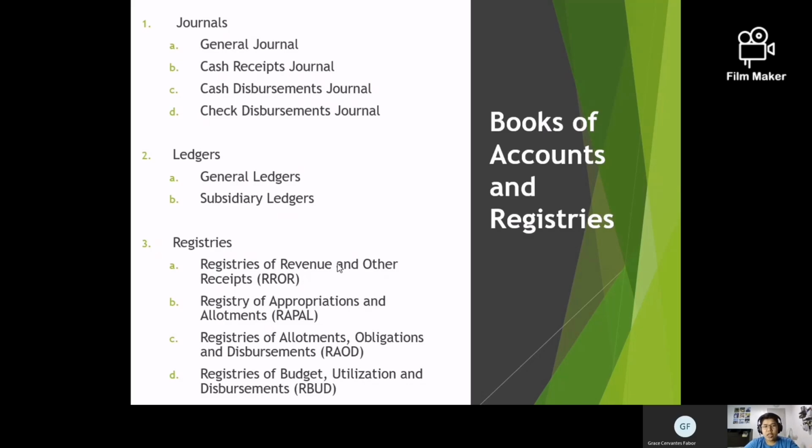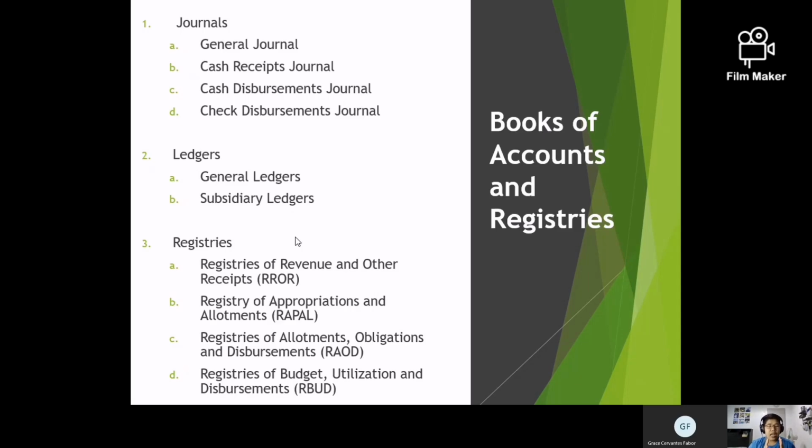Technically, only the journals and ledgers are considered accounting records. Right? The one that maintains the journals and ledgers is the accounting unit, while the registries are budget records. They are not accounting records. So, who maintains these in government? We have the budget division. Remember, last time we discussed that the government now uses 7 fund clusters.